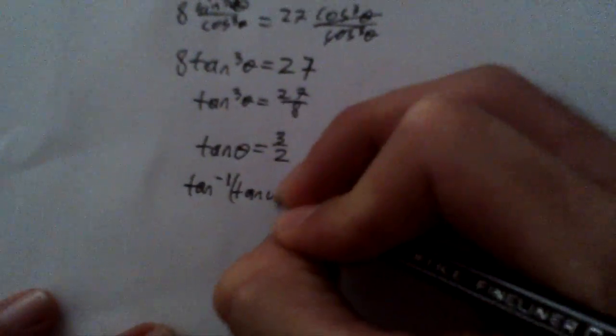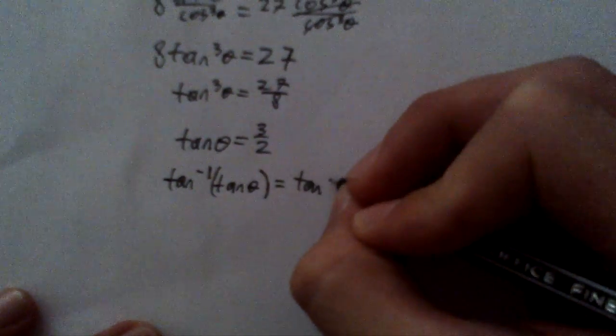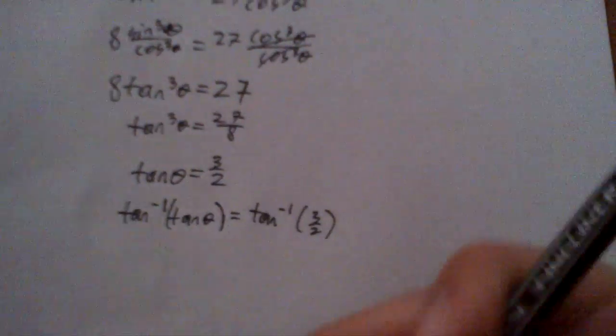Now I'm going to inverse tangent both sides, tangent of theta equal to inverse tangent of 3 over 2. And I already did this for you, but if I use the calculator, it's just my batteries are low. So I am in degree mode, good.